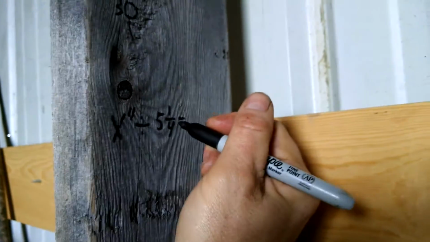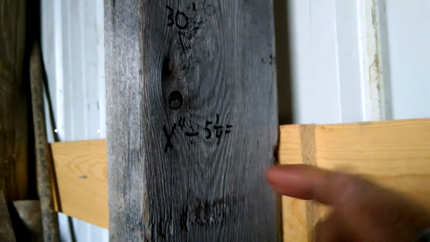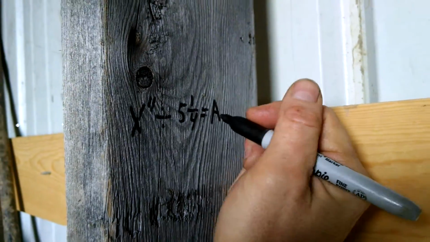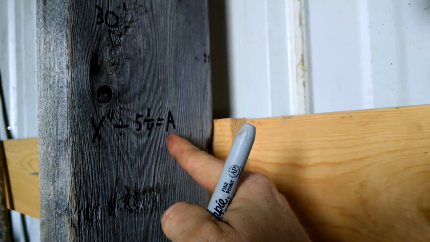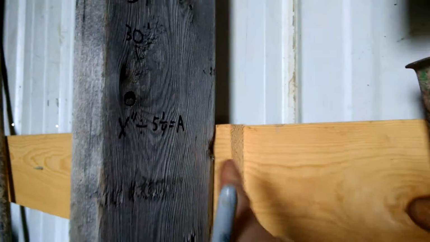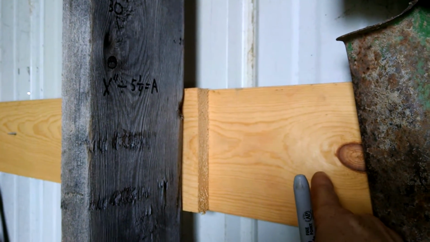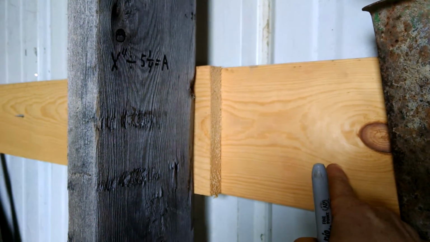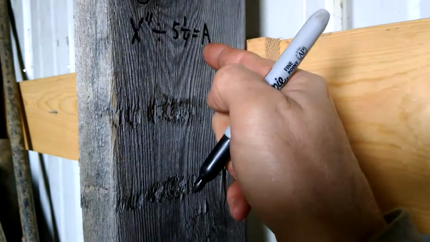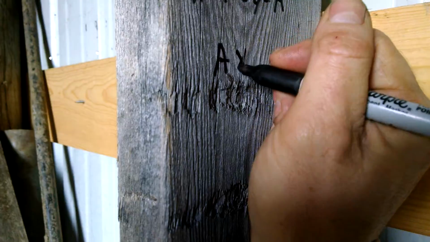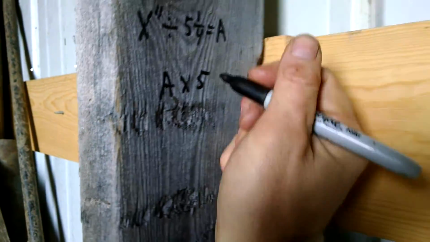That'll get me the number of screws. We'll call that A. That'll give me the number of screws I need for one board. But then I'm going to need to multiply that by 5. So it's going to have to be A times 5.